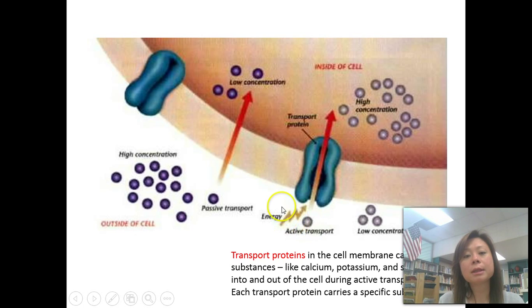And when they do this, they need to use their extra stored energy. Active transport uses energy. So they bring in things like calcium, potassium, and sodium into and out of the cell, and they need to use their energy, and each protein door looks for a particular substance that they need and will bring it in or take it out.